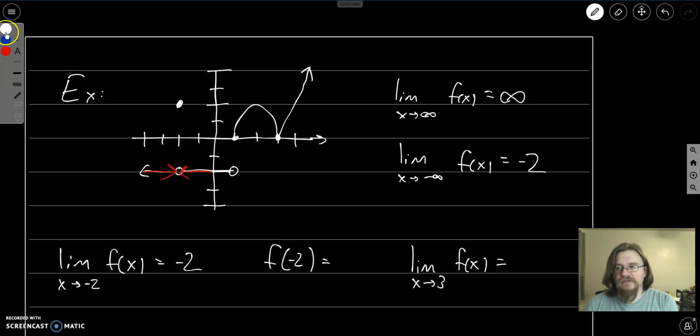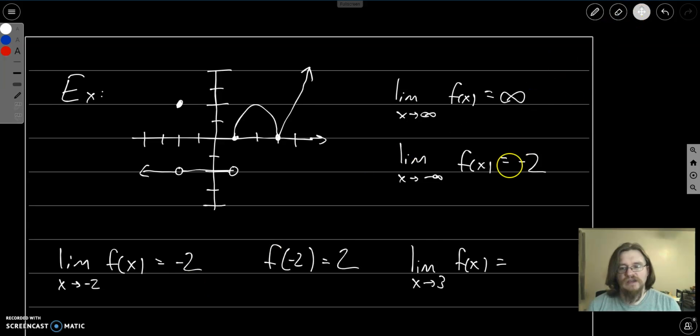Now, the maybe slightly tricky thing is, what is the function directly at -2? Well, if we come over to here to -2, we have an open circle down here, but the closed circle's up there. So if I plug -2 into this function, I get 2.